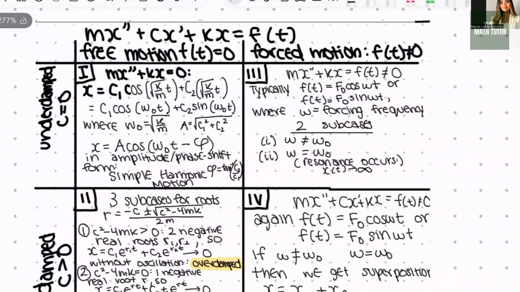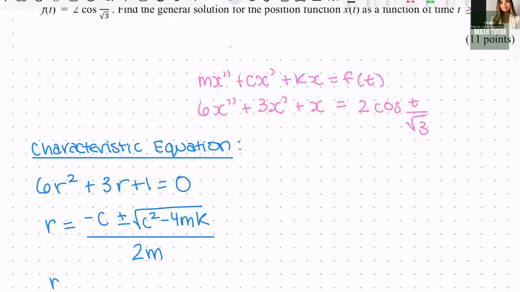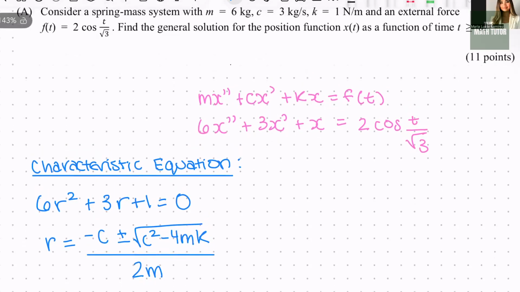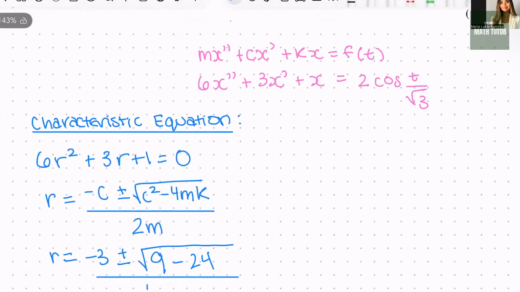So it's going to be r equals negative 3 plus or minus the square root of 3 squared, which is 9, minus 4mk, so negative 4 times 6 times 1, which is negative 24, all over 2 times m, which is 2 times 6, which is 12.